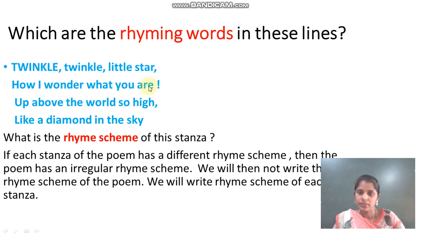Where the words at the ends of the lines form pairs, we call that the rhyming scheme. What is the rhyming scheme of this stanza? This is an example of the rhyming scheme of the stanza. If each stanza of the poem has a different rhyming scheme, then the poem has an irregular rhyming scheme.